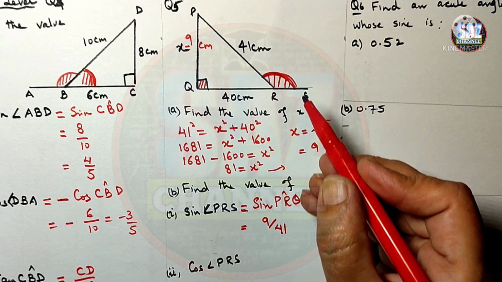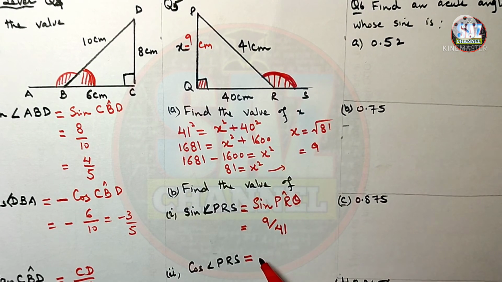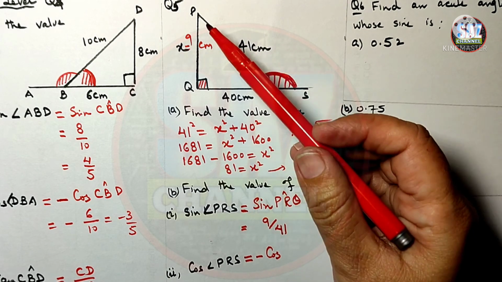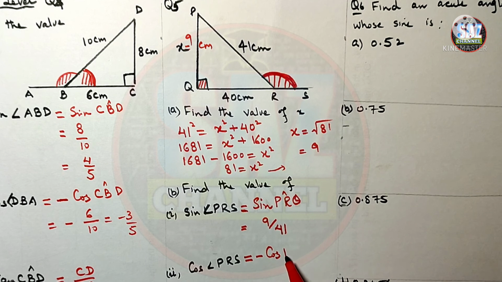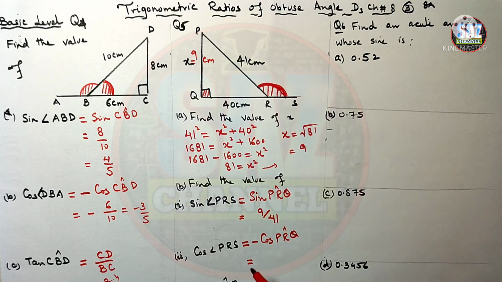Again, we know the relationship between the cosine of acute angle and obtuse angle is that cosine of obtuse angle equals minus cosine of the adjacent acute angle, that is angle PRQ. Now the formula for cosine is adjacent upon hypotenuse. So this will be minus 40 by 41.